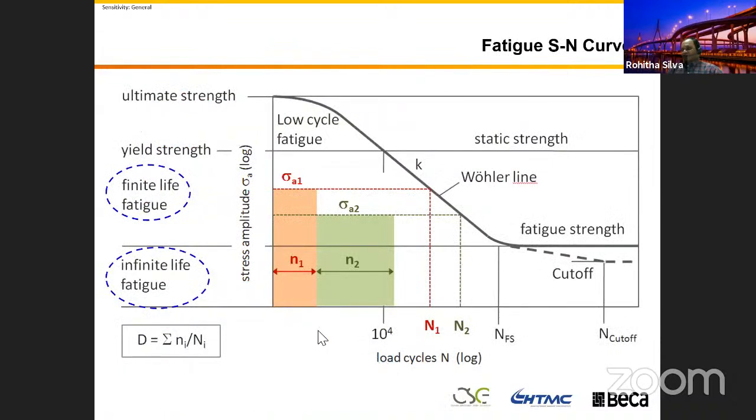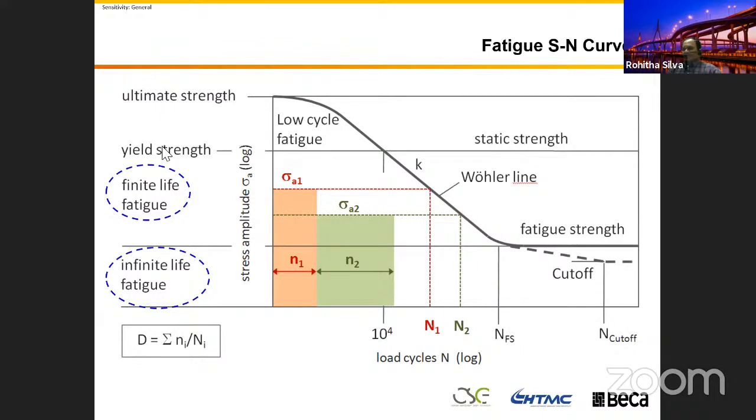This is the slide. The stress versus the number of cycles, we call the SN curve. You will learn this when you are studying in your bachelor degree. Any material, the higher strength can carry up to the ultimate strength.